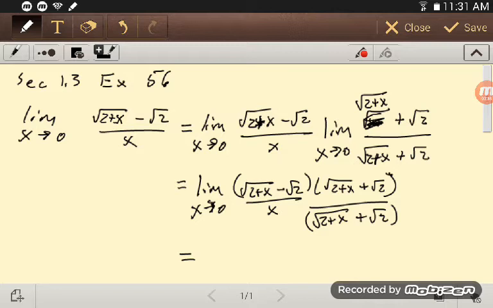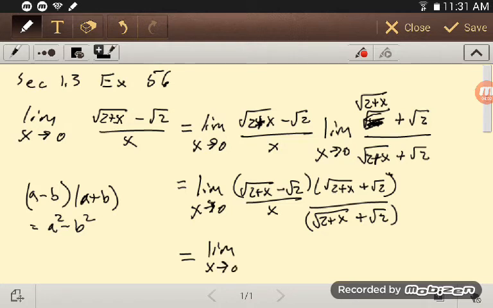And so what I know, just like over here, if I took a minus b times a plus b, I know that I get a squared minus b squared. So this is the limit as x goes to 0, and the square root of 2 plus x squared is just 2 plus x, and then minus the square root of 2 squared, that's just 2.